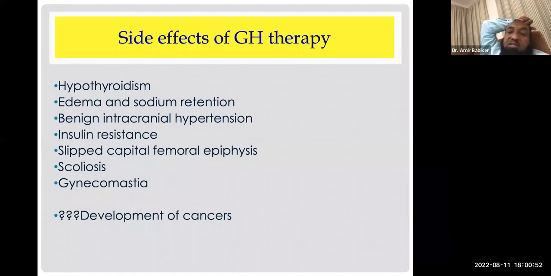But particularly with solid tumors, if there are patients who have a risk of solid tumors, like Fanconi anemia, then you need to be careful. And if you're not desperate for the growth, you shouldn't use it as a lenient treatment. But there is no evidence that it's carcinogenic.